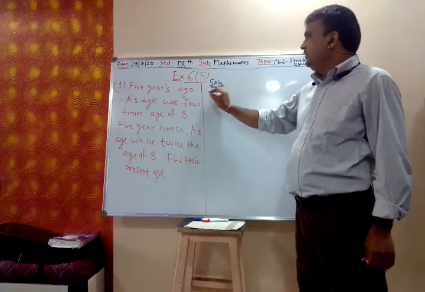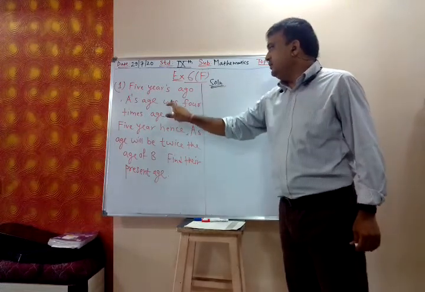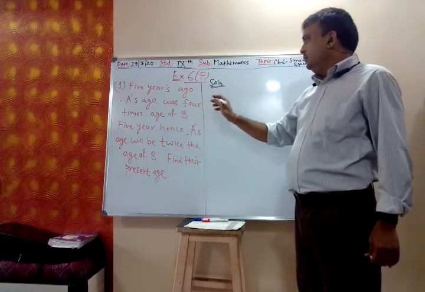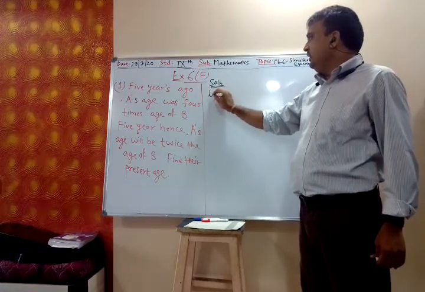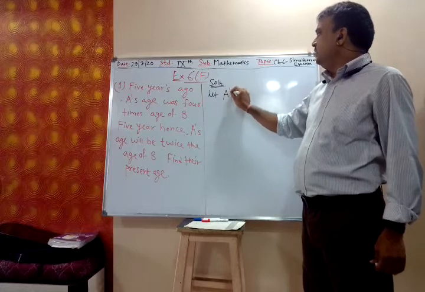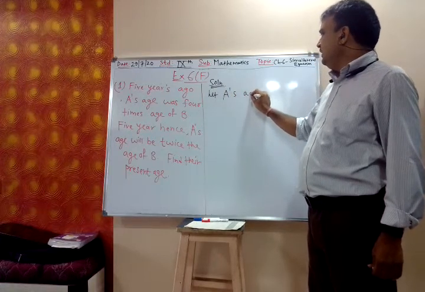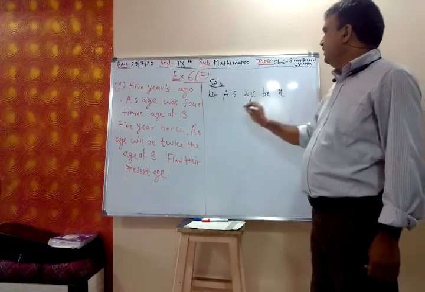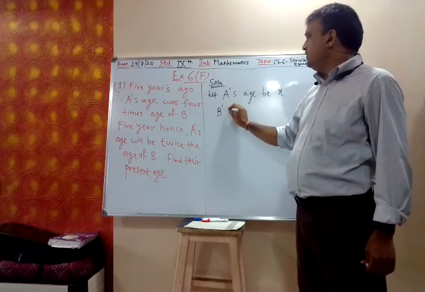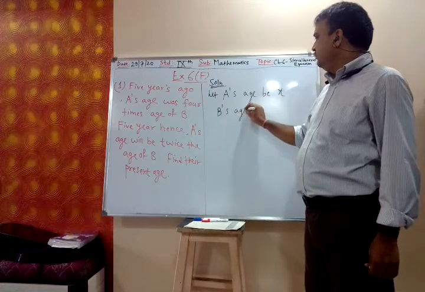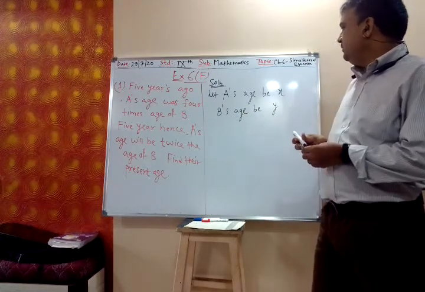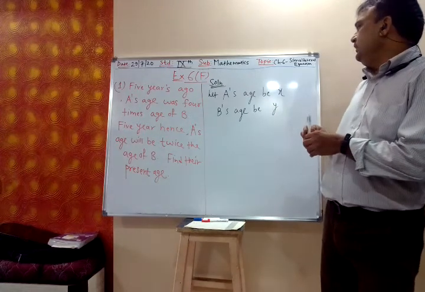So we write: let A's age was 4 times age of B. So there are 2 persons. Let A's age be X, and B's age be Y.